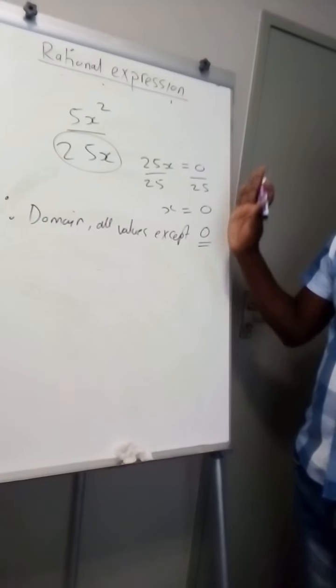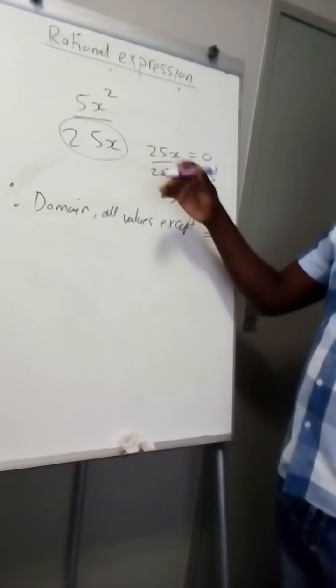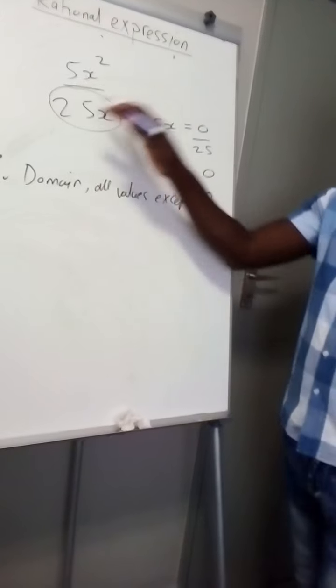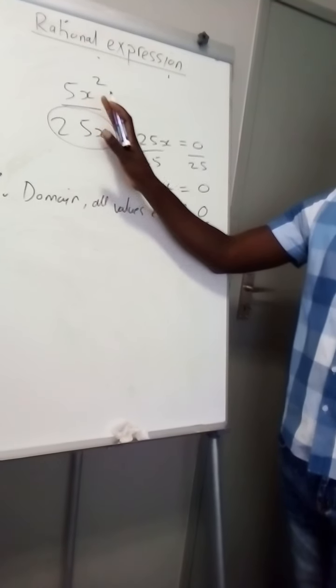After having established the domain, you can now simplify, which means 0 mustn't be used, otherwise this will become undefined.